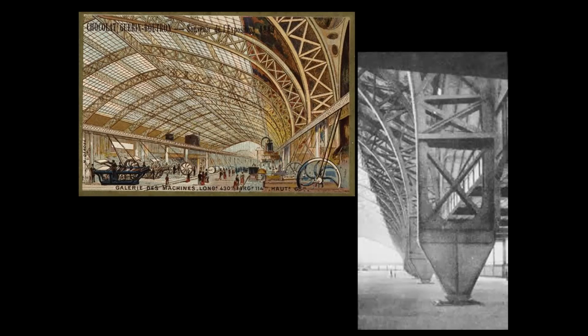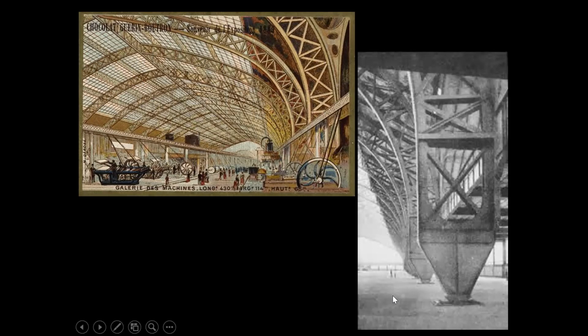And so you have these amazing one-way portal frames spanning the space, and joining the portal frames are these rafters, I suppose, and they are supporting the roof structure and glazing on top.